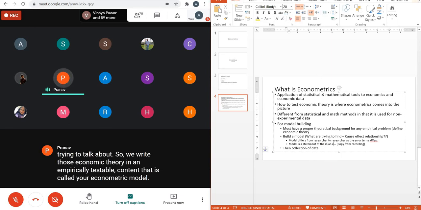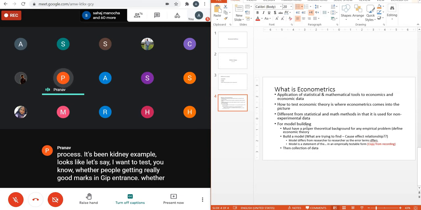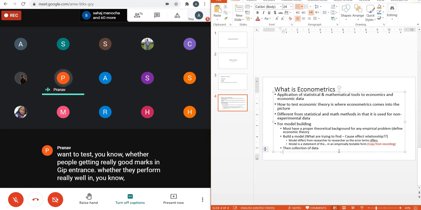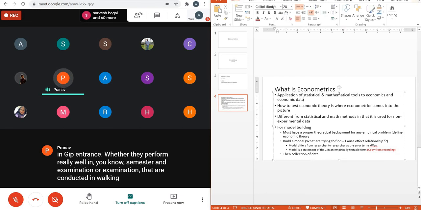So after you build your model, you must test it now. So उसके बाद आपका process आता है data collection process. इसमें आप कितने भी example लिख सकते हो. Let's say I want to test whether people getting really good marks in GIP entrance, whether they perform really well in semester end examination or examination that are conducted at Gokhale Institute.